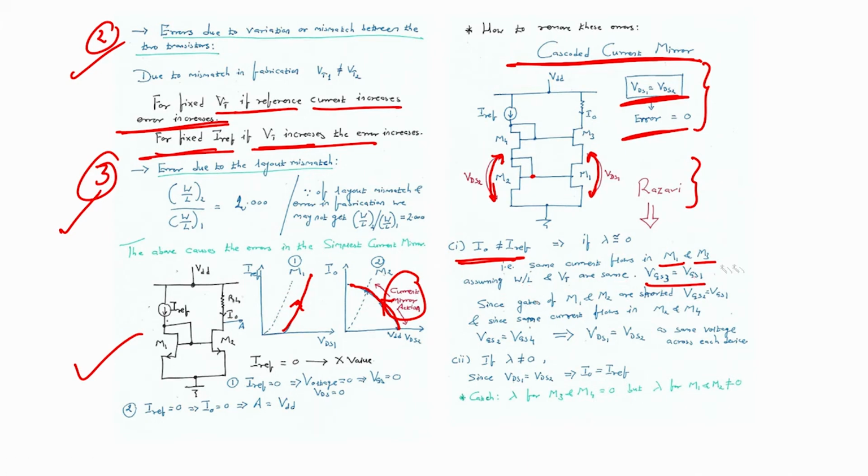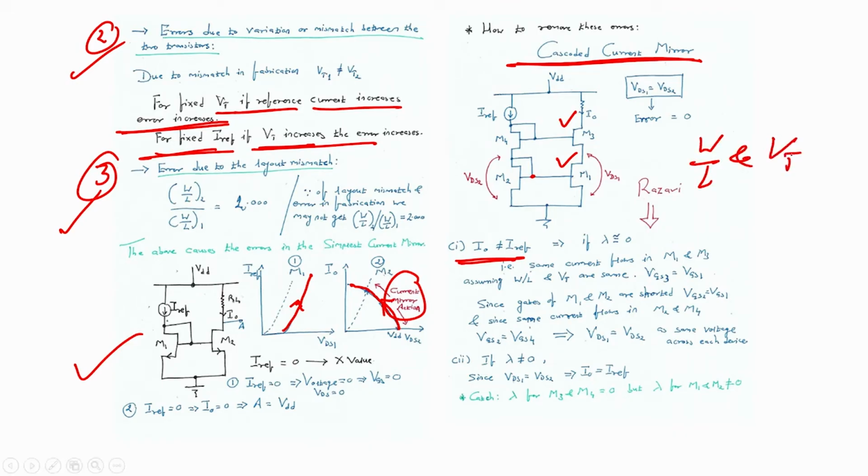So, what he says is, if I consider my M1 and M3, and I assume that the threshold voltage and W by L ratio of M3 and M1 are the same.